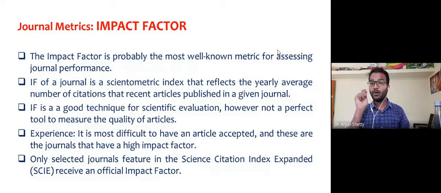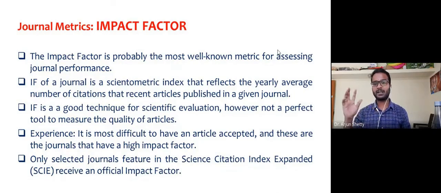Where, and how, can these impact factors be made available for different journals? Only the selected journals featuring in the Science Citation Index Expanded, SCIE, which is again a tool, will have impact factors.